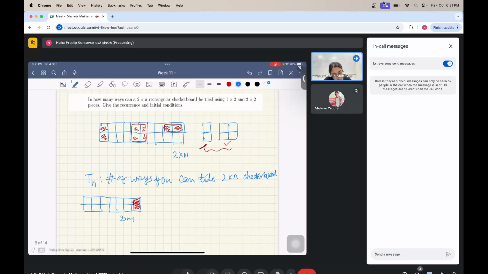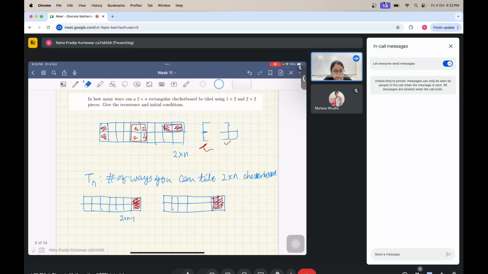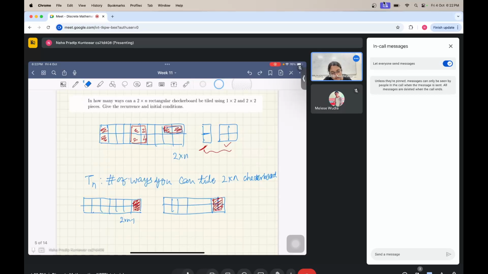And what you could do otherwise is that you can take this second tile, the square, and place it here, and then solve for the remaining tiling. So that would be 2 cross n minus 2.